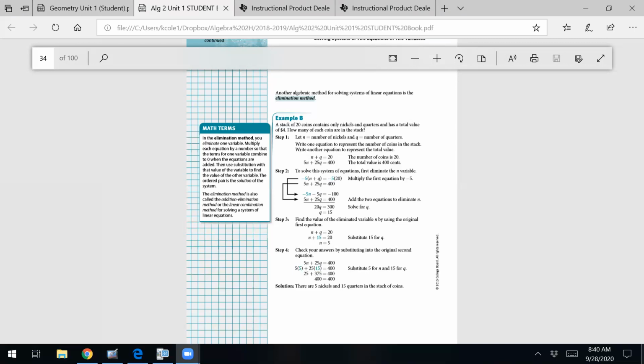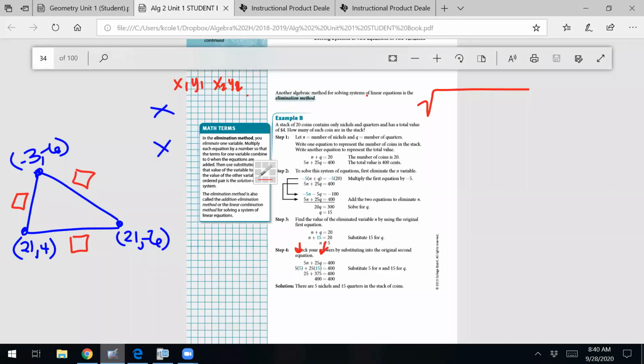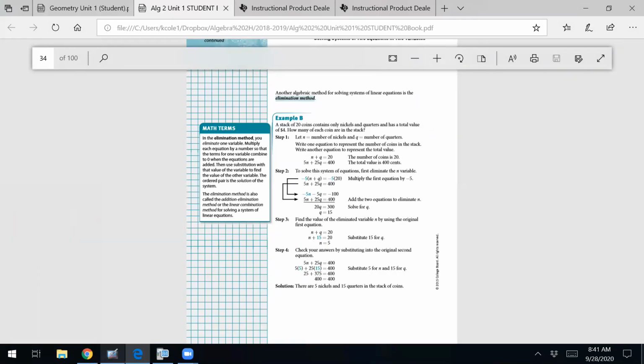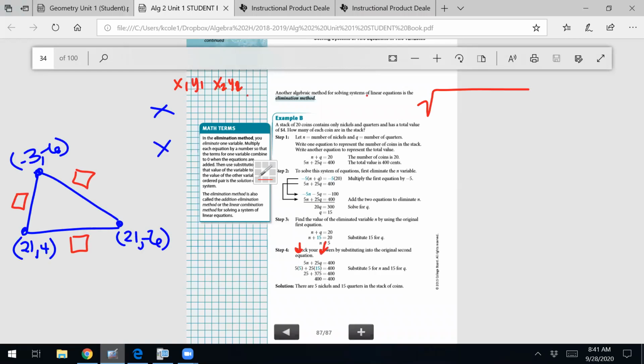With substitution, it's the same thing. You could substitute in and end up with having either no solution or infinitely many. Same thing with elimination. If you do have those cases, what is that going to look like? Well, you're going to end up, when you're solving, having a number equal to itself.